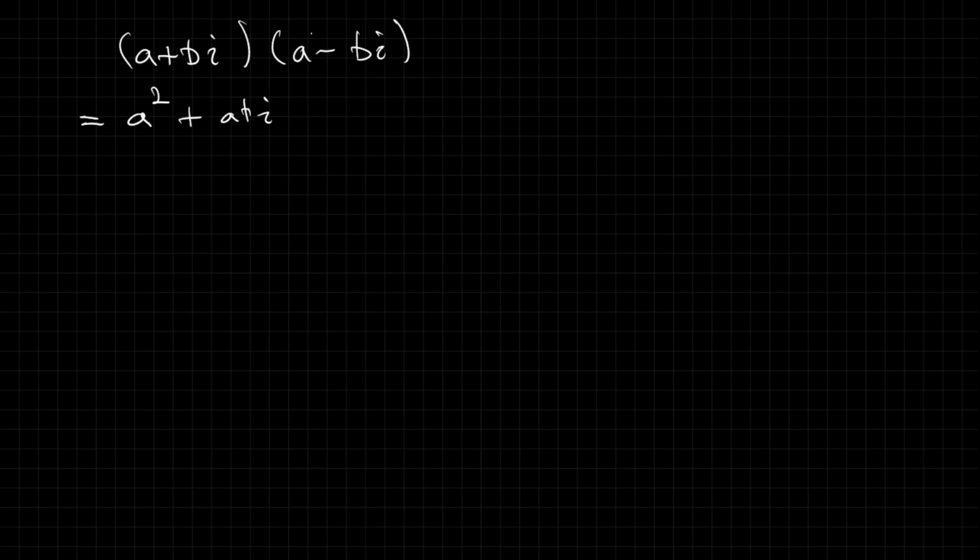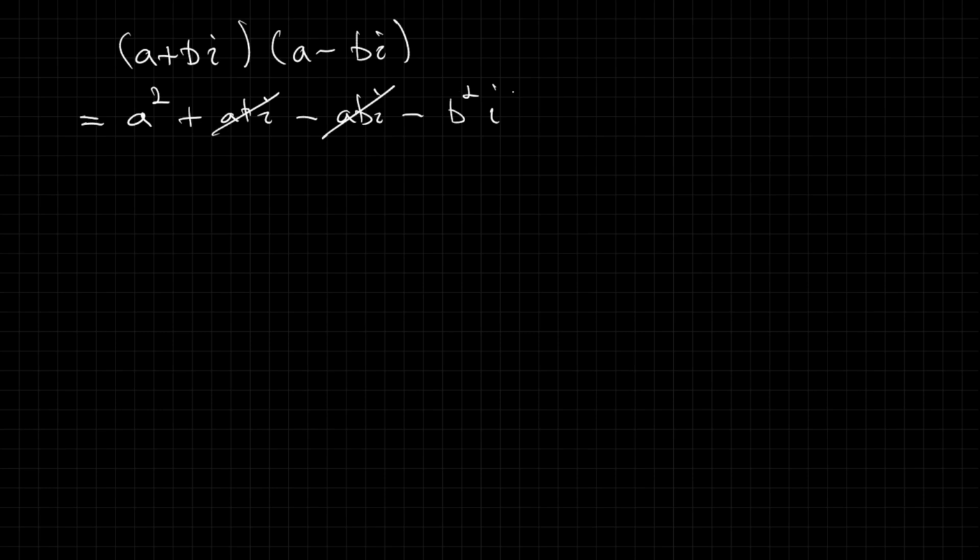If you want to see why, you can just take a generic complex number, a plus bi, and multiply it by its complex conjugate, which is obtained by putting a negative instead of a positive. And what you get here is a squared, that's the first, plus abi minus abi minus b squared i squared. And abi minus abi will always be 0.